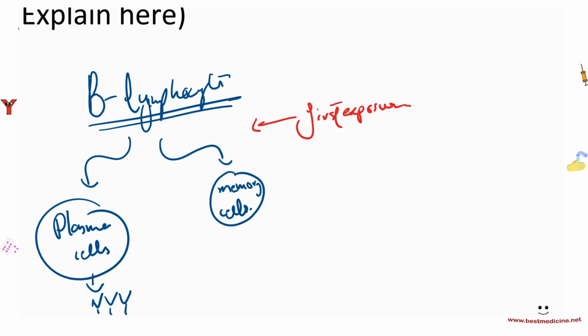Now, memory cells store the information of the antigens that were present on the first exposure's pathogen. And so if the same antigen-containing pathogen comes in again, then you're going to have a second exposure of the same pathogen, right?